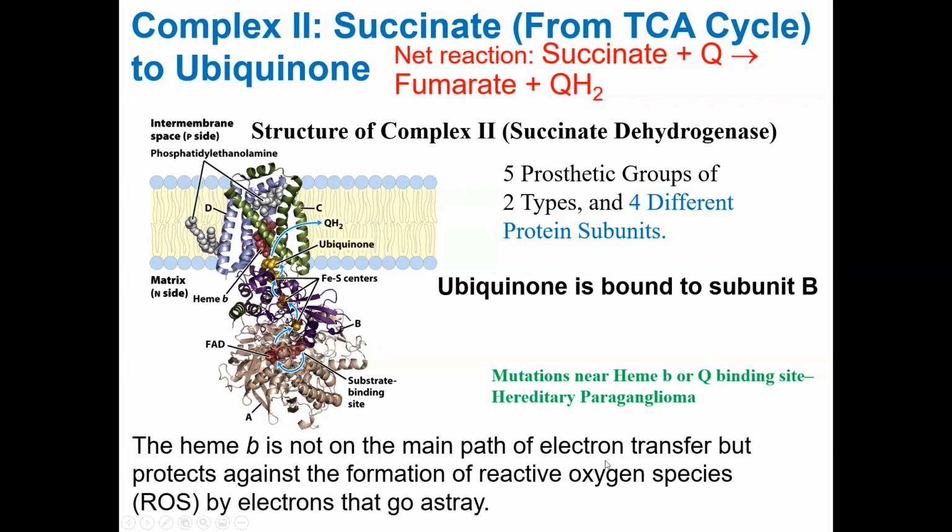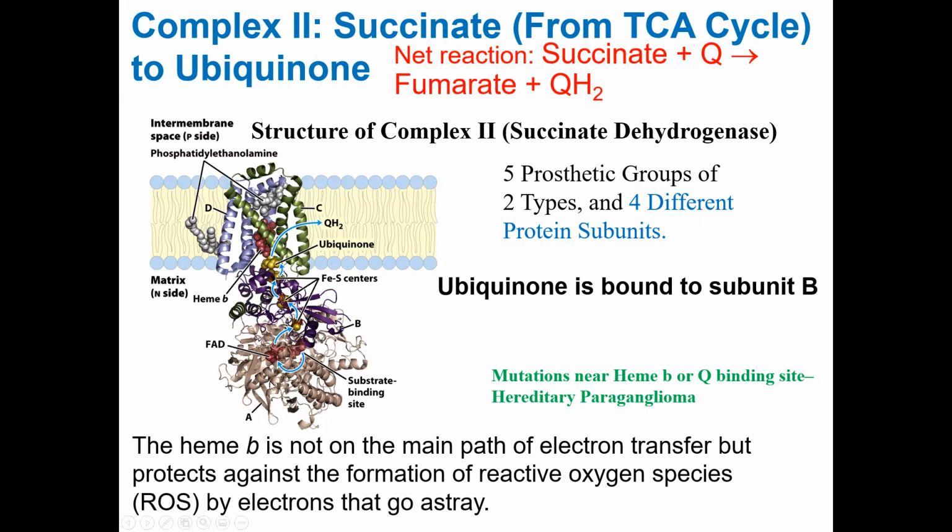So if you look here, you can see clearly that there are 4 subunits: A and B that sit on the matrix side, N side, and then you have subunits C and D that are membrane bound, right? Cool. So those are A, B, and C and D.